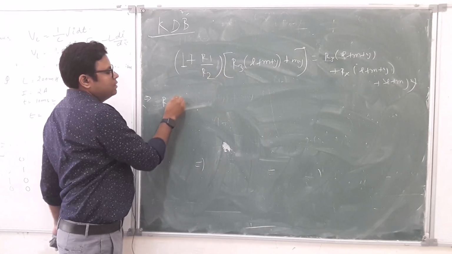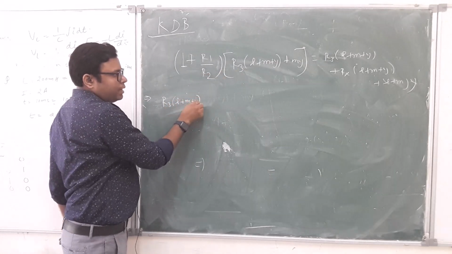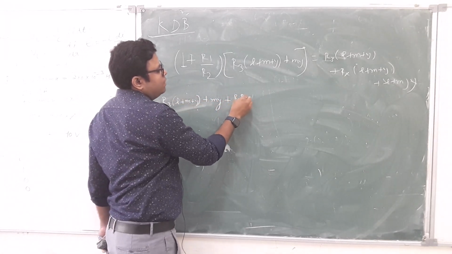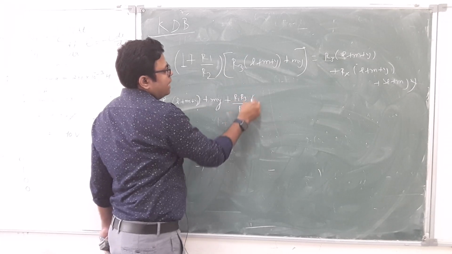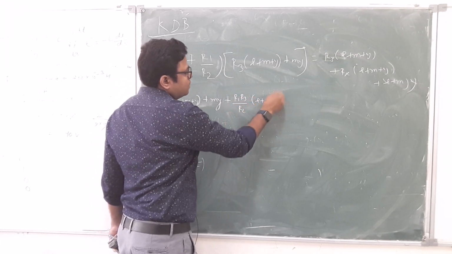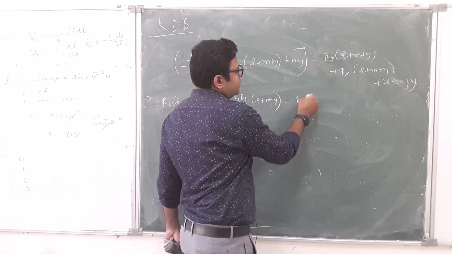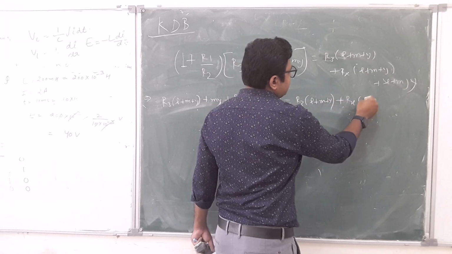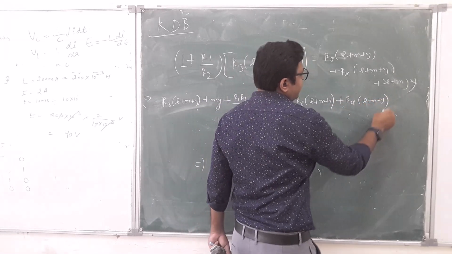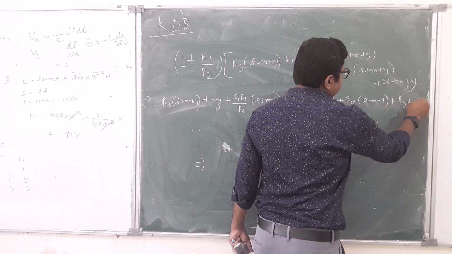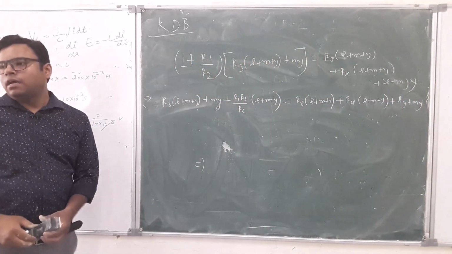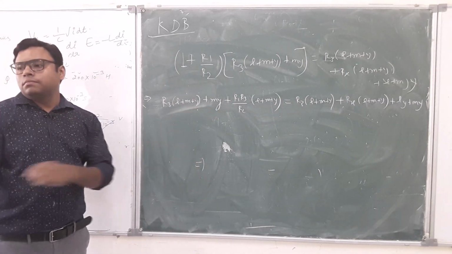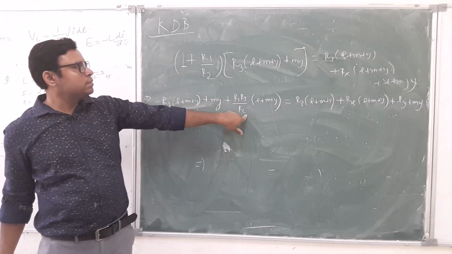Writing this: R3 (L plus M plus Y) plus My plus R1 R3 by R2 into (L plus M plus Y) will be equal to R3 (L plus M plus Y) plus Rx (L plus M plus Y) plus Ly plus My. It is good.